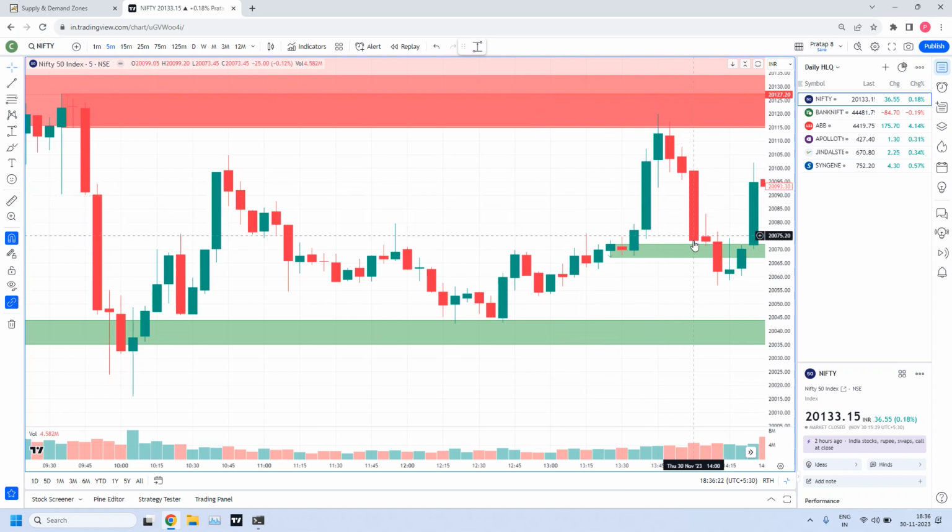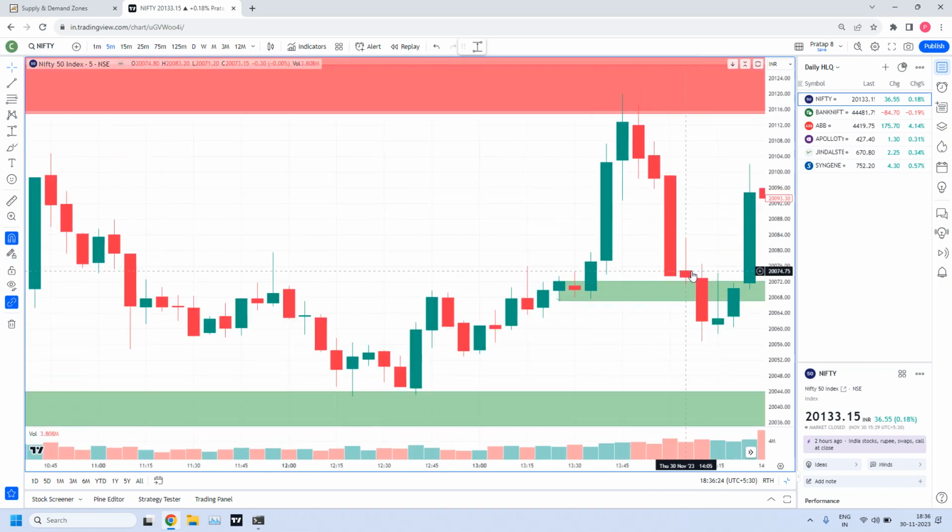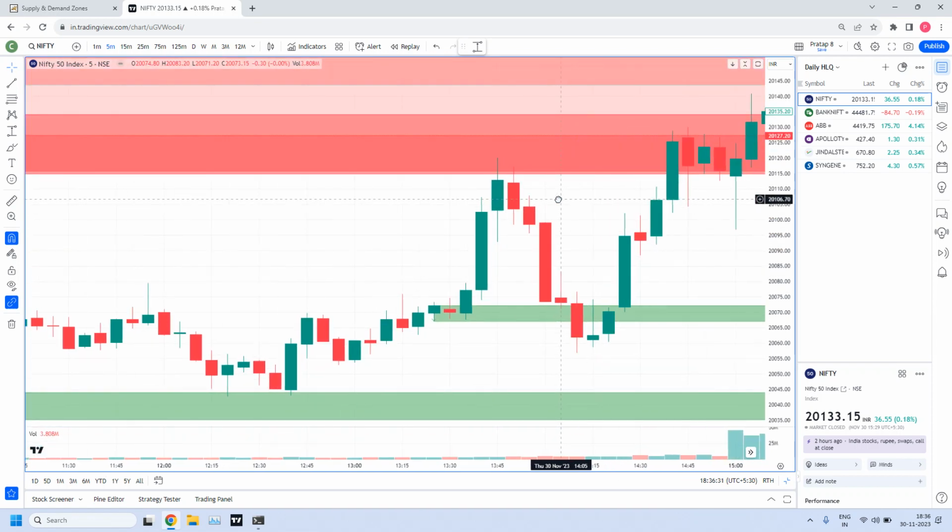And at the 2 o'clock 5-minute candle, it reached the target. This time it has given 43.55 points, which is 2,177.50 rupees, a 1.9% return on the investment. So these are the trades, and this particular trade is a pure intraday trade.